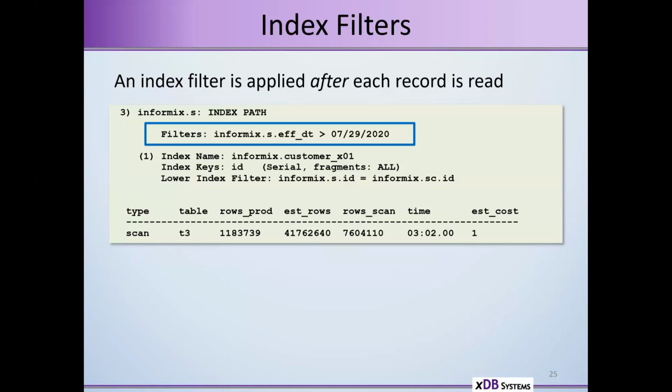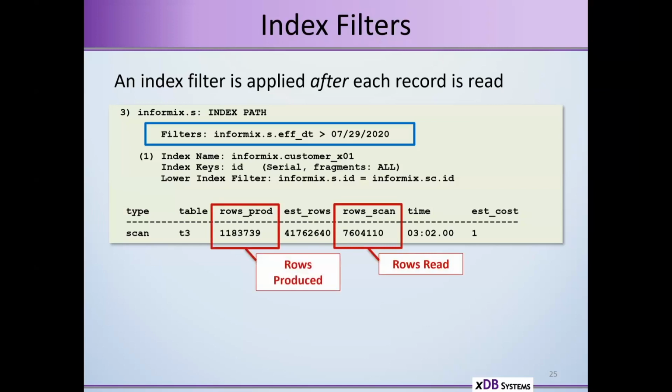So this is a case where we look at the query statistics, we look at the rows scanned. Scanned is still an index read, and we read 7.6 million rows from the index, but only 1.18 million made it through to the next step. So we know that the rest of those rows did not match this criteria.